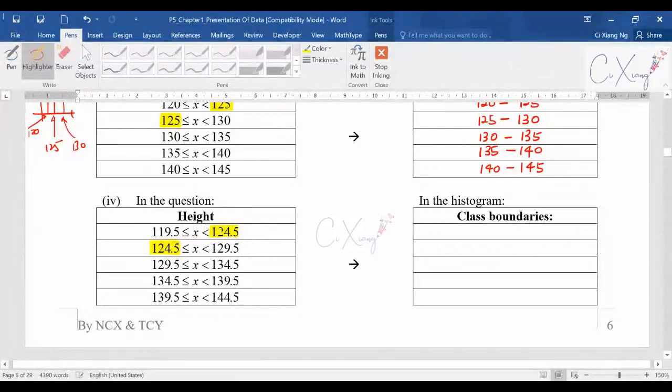Are these two values the same or not? They are the same, right? So do you need to do any adjustment to change it to class boundary? No need. You just copy the values according to what they give you in the question. The class boundary will be 119.5 to 124.5 and so on.